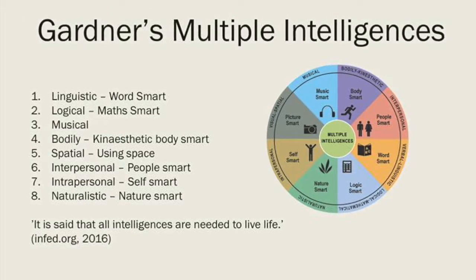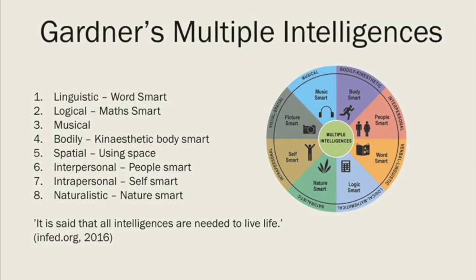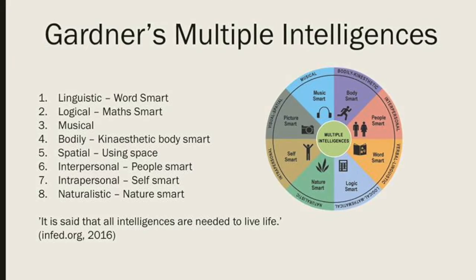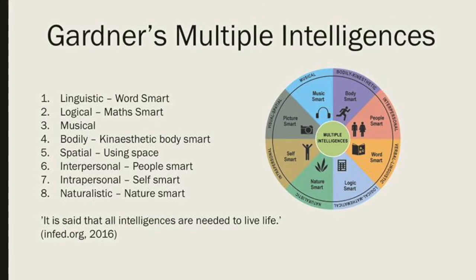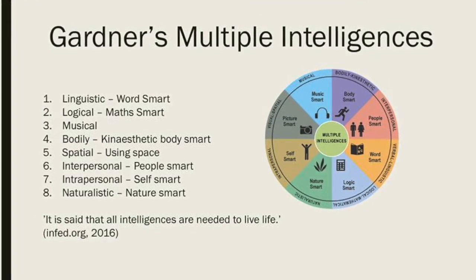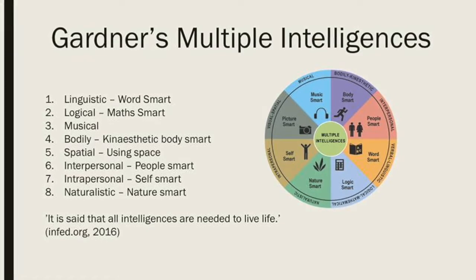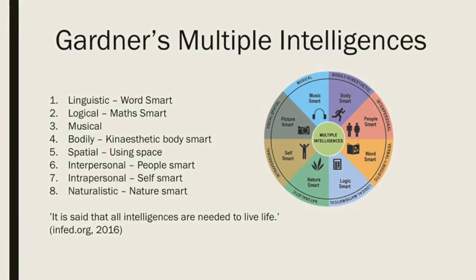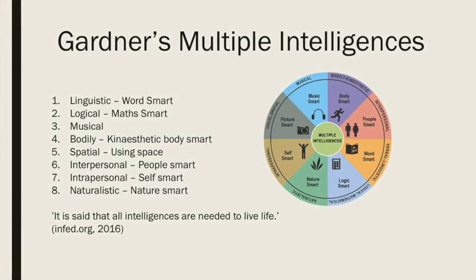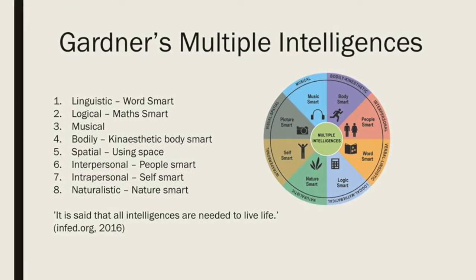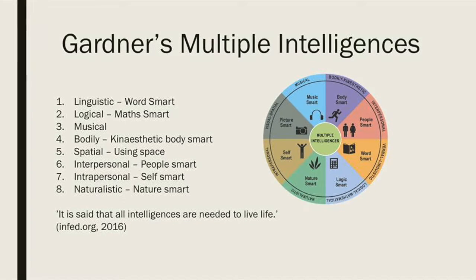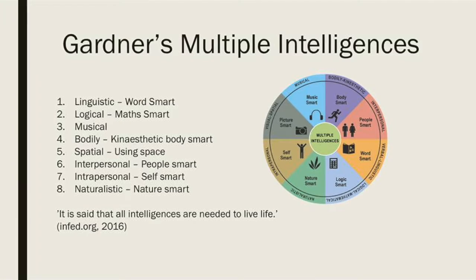The multiple intelligences are linguistic or word smart, logical or maths smart, musical, bodily or kinesthetic body smart, spatial, using space, interpersonal, people smart, intrapersonal, self smart, naturalistic, nature smart. It is said that all intelligences are needed to live life.